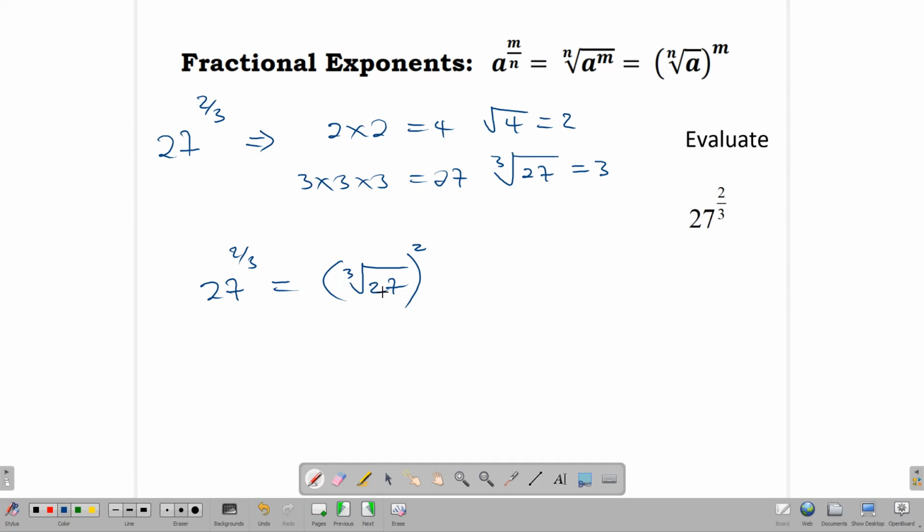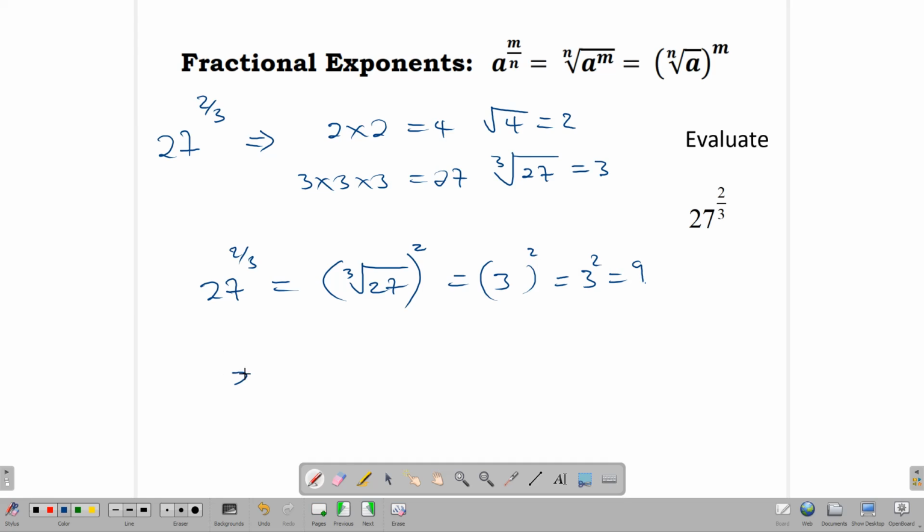So here, the cube root of 27 is 3, and so we're going to write that 3, because that's what this works out to, and we're going to raise it to that power there. And it ends up being 3 squared, which is 3 times 3, which is 9. So these things are actually very, very nice to use.